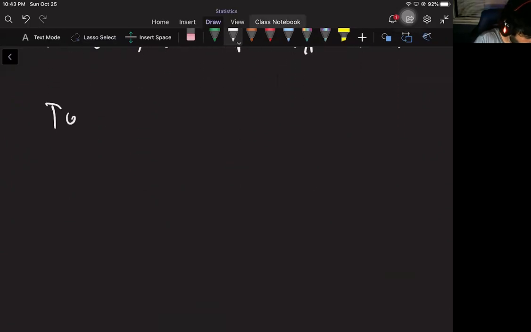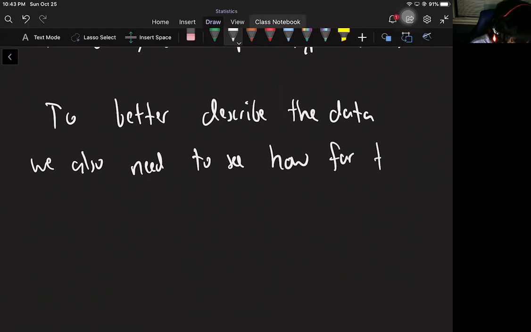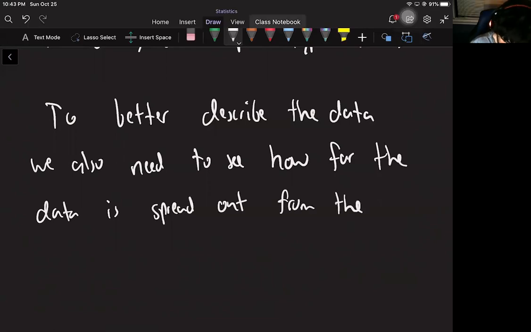So to better describe the data, we also have to think about what it means to be near the middle. We also need to see how far the data is spread out from the middle. That's what we're going to learn to do next time.